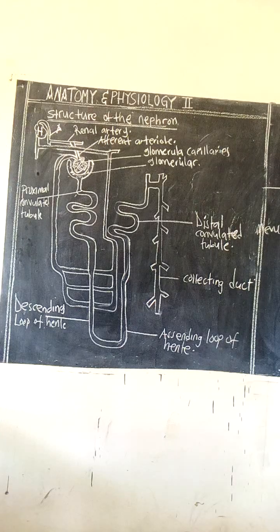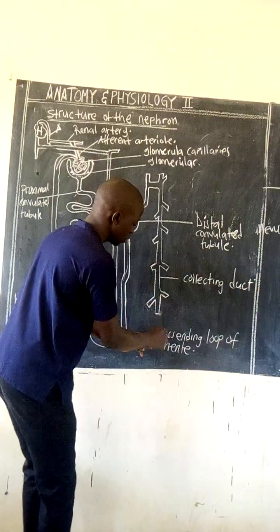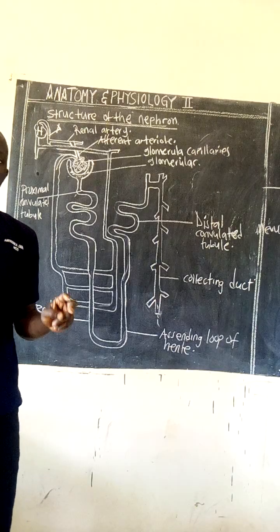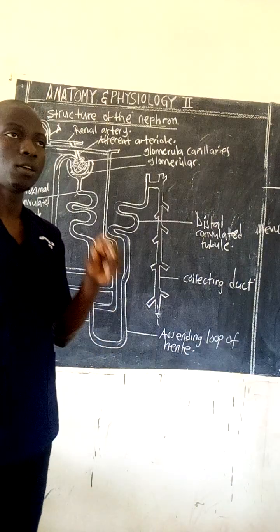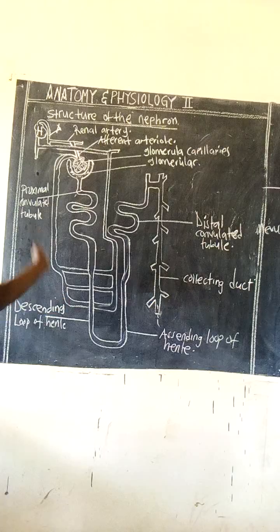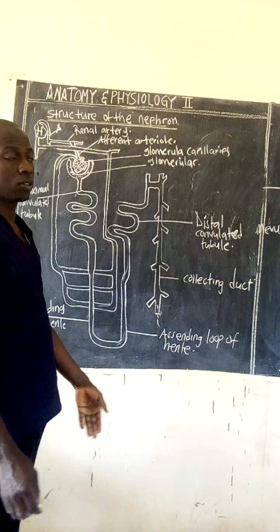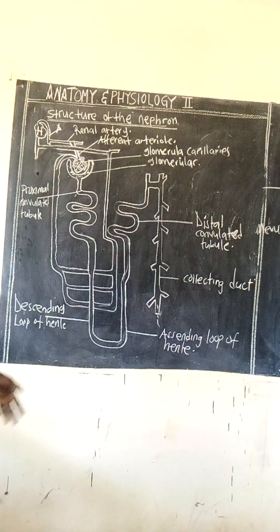The collecting ducts now pass this fluid out through the minor calyx to the major calyx, renal pelvis, and then it is passed out through the ureters to the urinary bladder, and later passed out as waste urine.